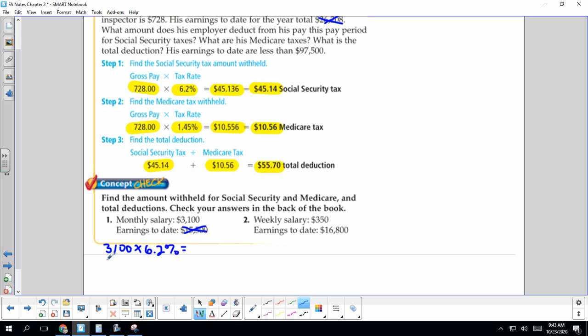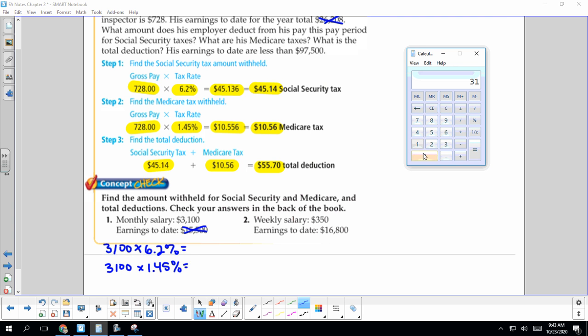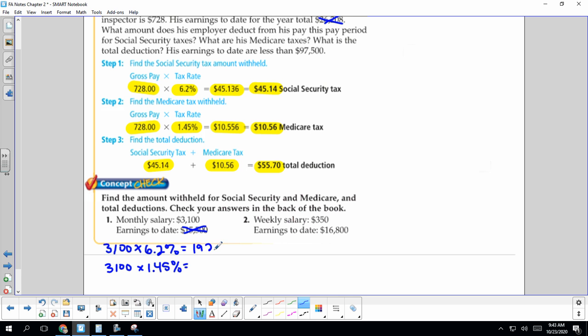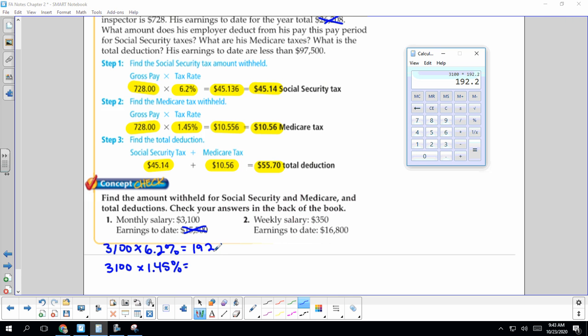Okay, so let's go ahead and in our calculator, 3,100 times 6.2% is 192 and 20 cents.